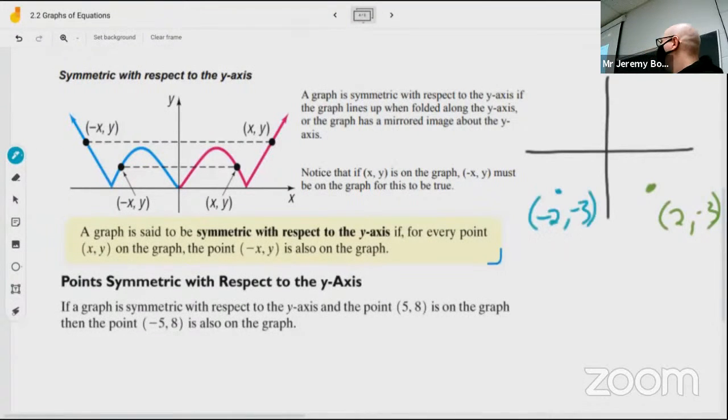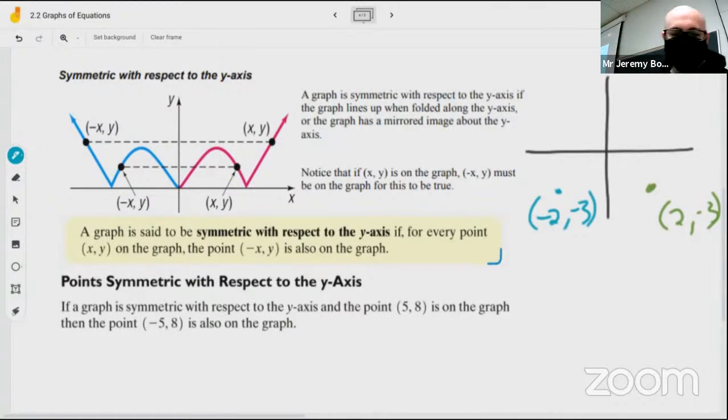Yeah. So just negate the x. Any questions on that?